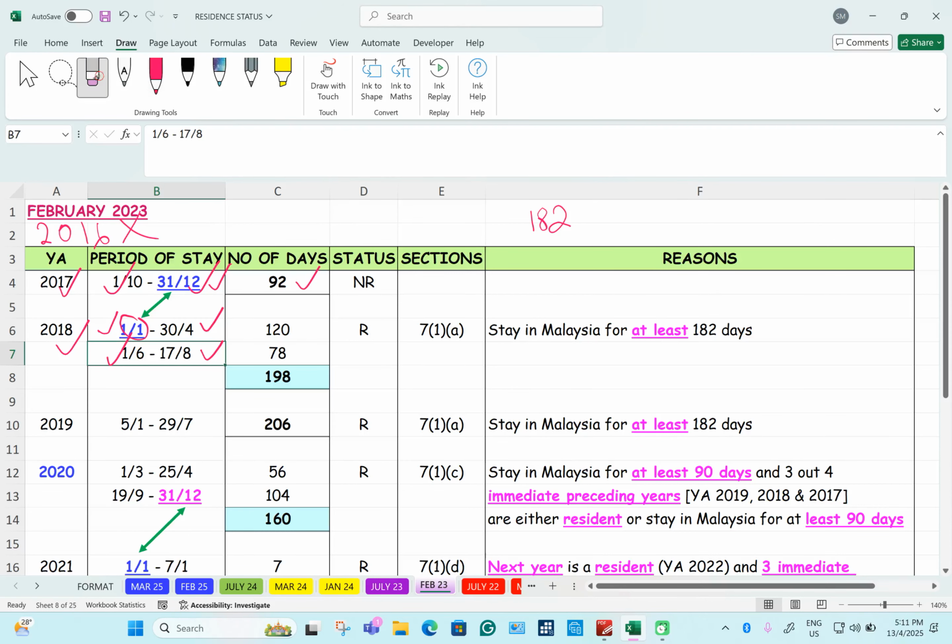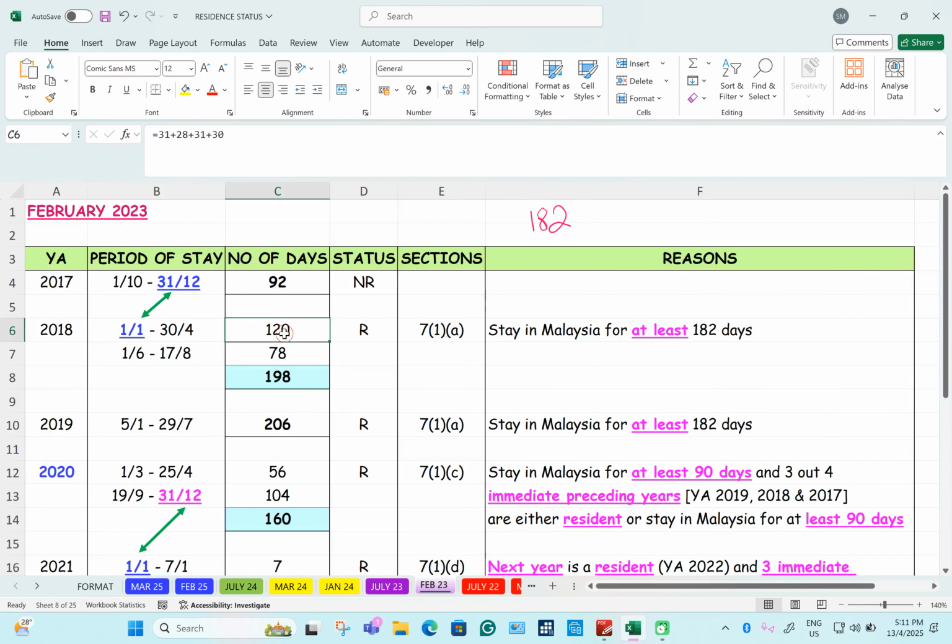So what do we have here, guys? Number 1, 1st January until 30th April. Oh, before that, I forgot. Let's calculate our number of days first. 2018 is not a leap year, so our February will be 28.